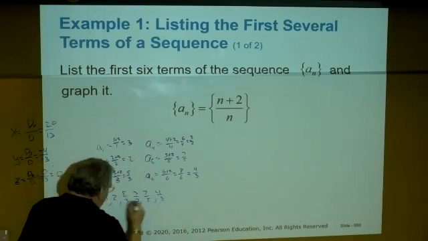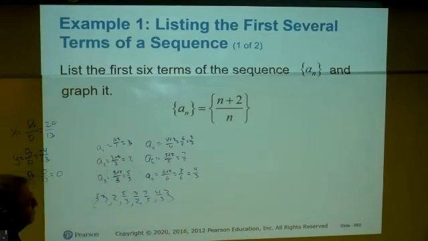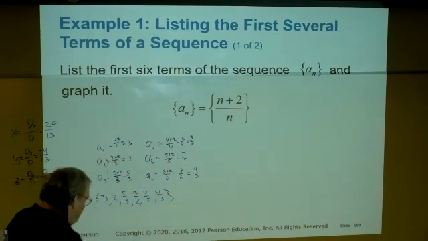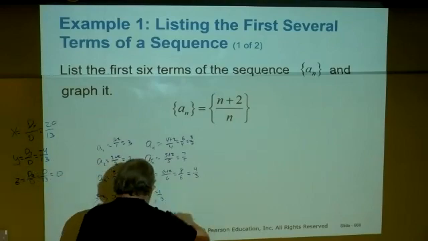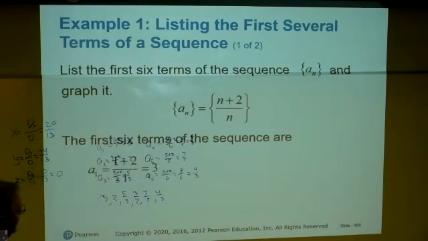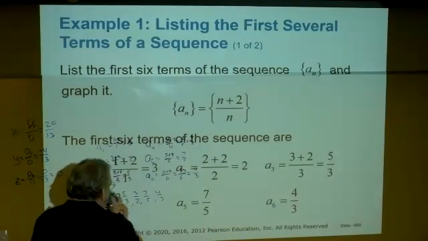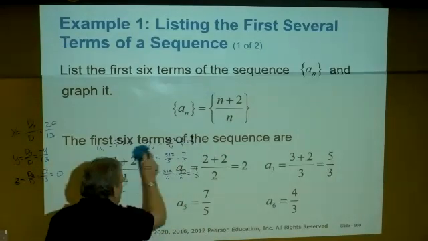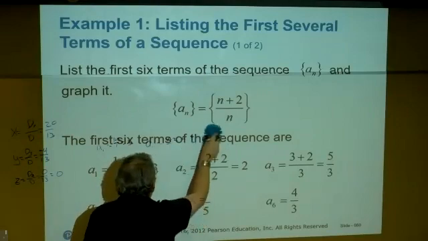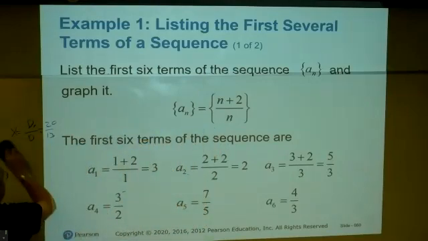And so here's that sequence. They showed the process in finding the first 3 numbers in the sequence, and then they left it to you to find the rest of them.